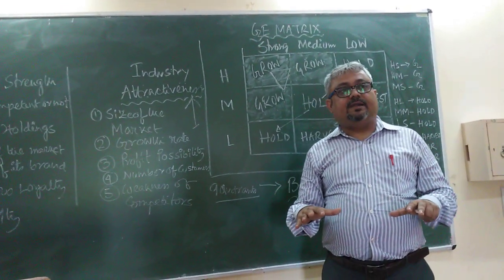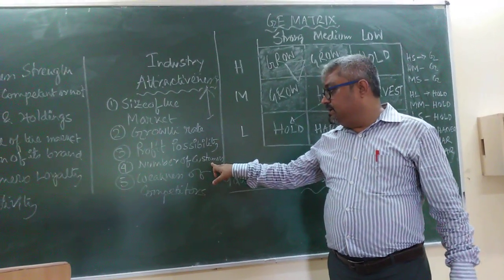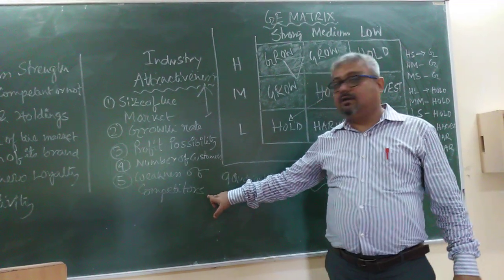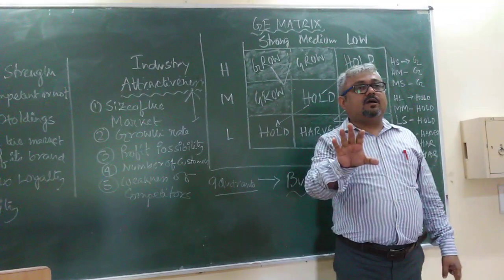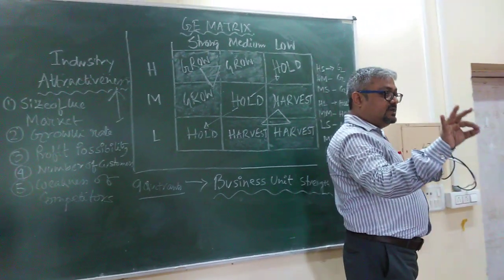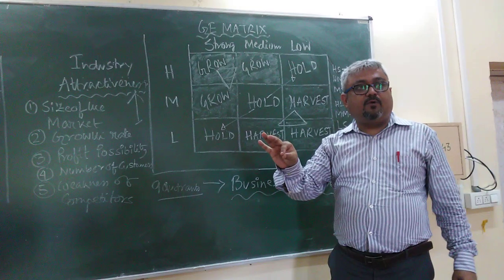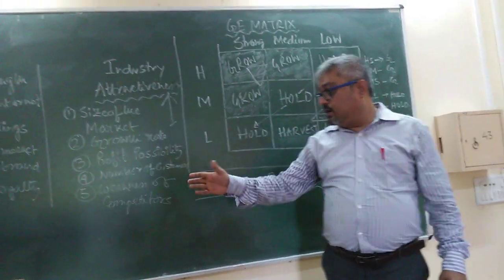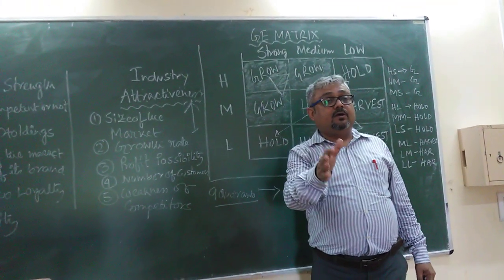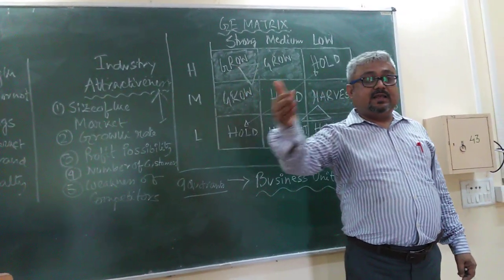So what is important is your number of competitors as well as the weakness of the competitors. Weakness of the competitors is very important because you have to think of the strengths, weaknesses, opportunities and threats of the companies. Why? Because you have to think of their strength as well as weakness.